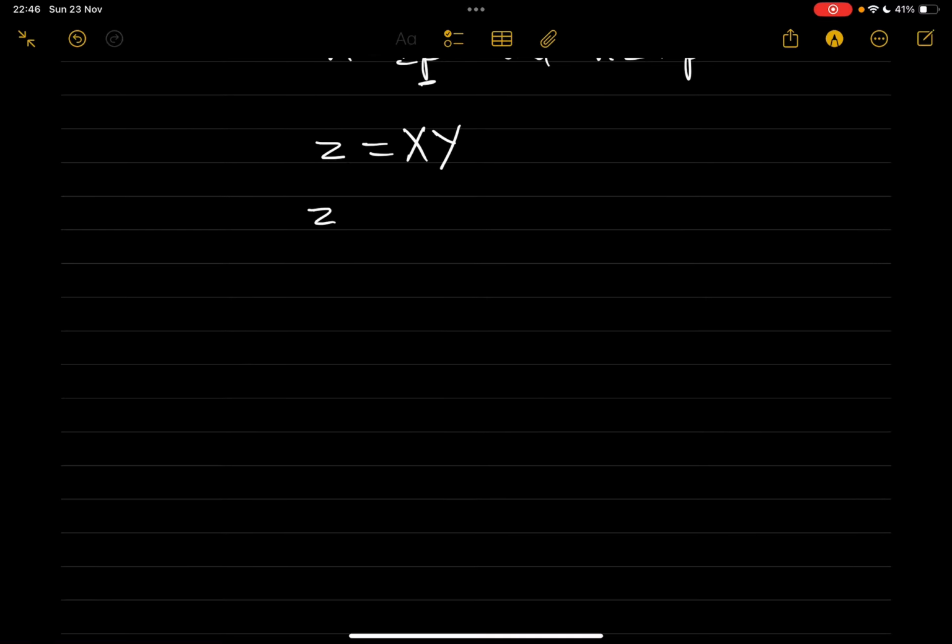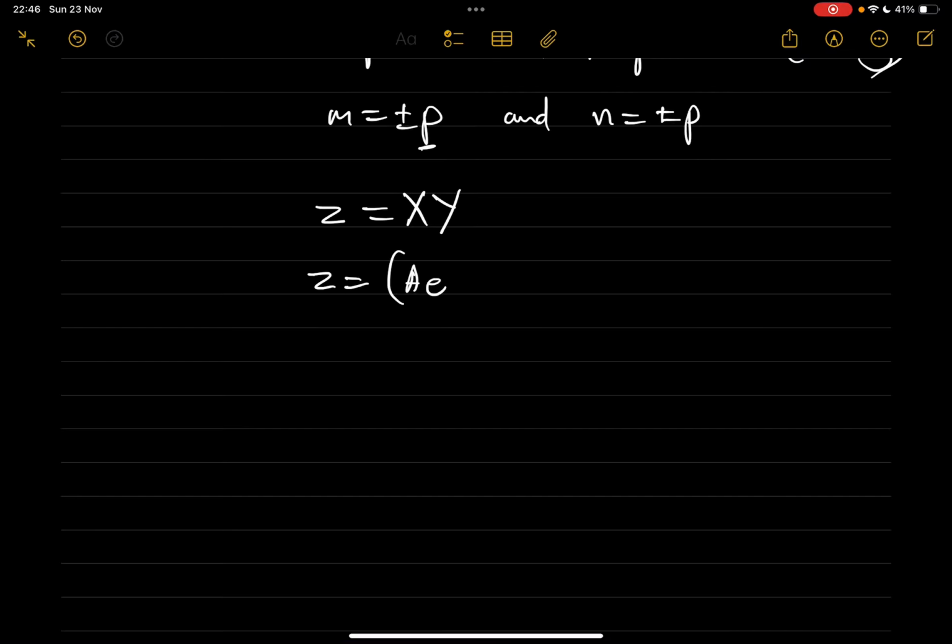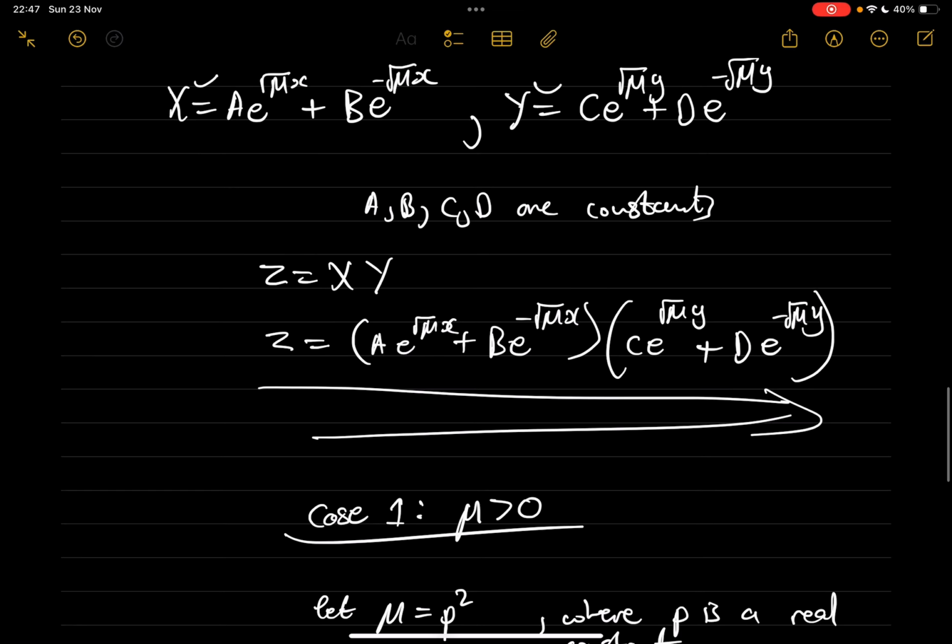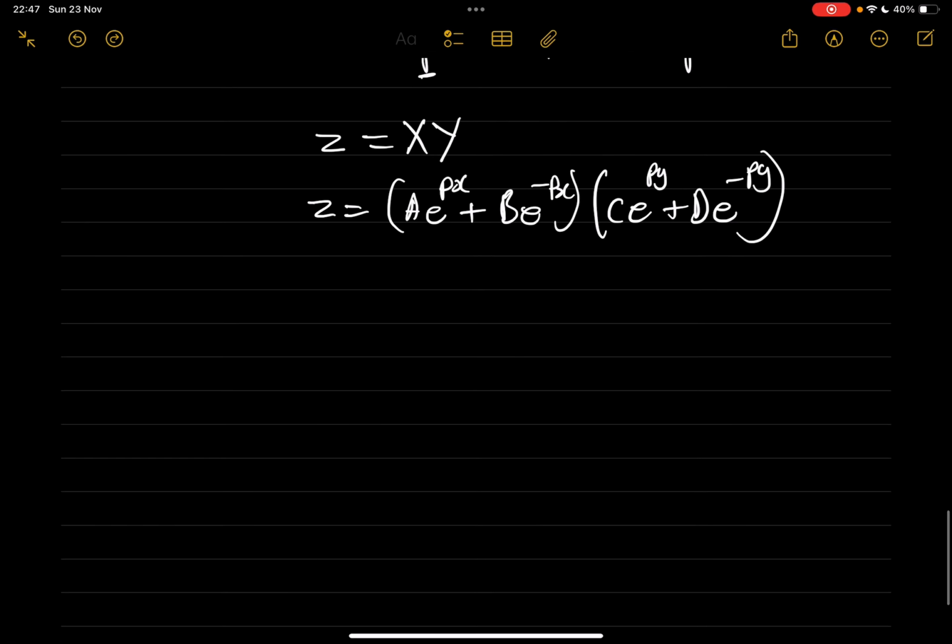So we are going to have z equals a e to the px plus b e to the minus px, and then c e to the py plus d e to the minus py. So basically it's the same thing as before. Instead of root mu we have p, because we represented mu as p. So this is the first case.